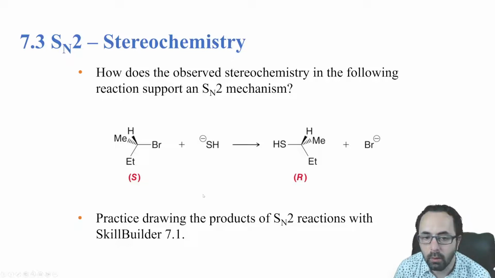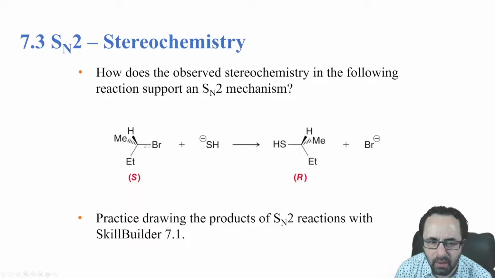When it comes to stereochemistry, stereochemistry is going to be affected by the way in which the reaction happens. So here we have a situation in which we can see that the bromine here was not directly replaced with this SH minus, hydrosulfide.